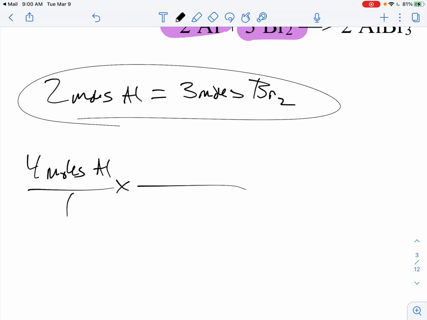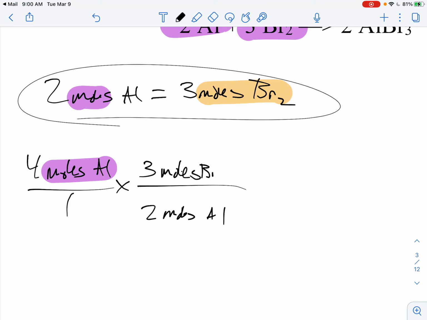Now, please note that both of these guys say moles, but this guy is the moles of the aluminum that's here, whereas this guy is moles of bromine. So consequently, I need to put my purple 2 moles of aluminum down here and my orange 3 moles of bromine up here so that my moles of aluminum cancel.